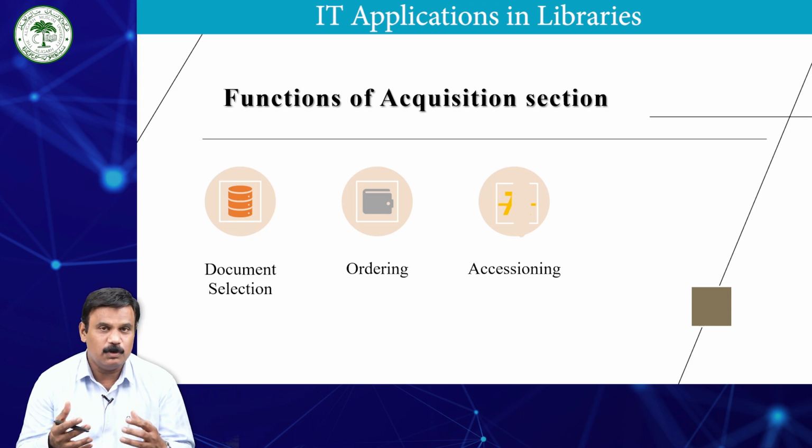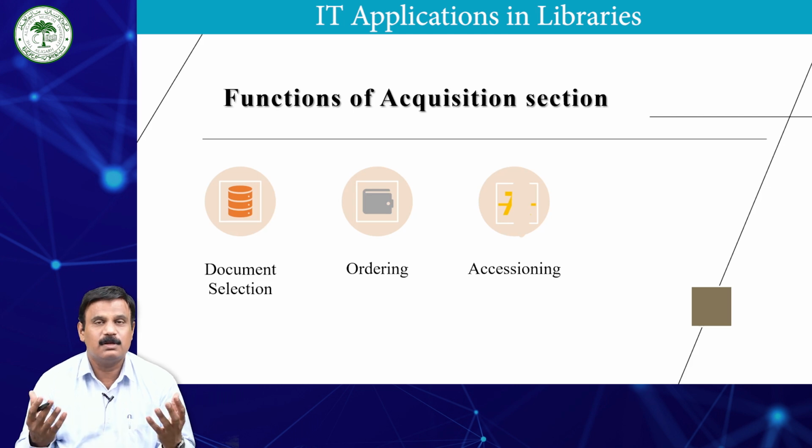So first of all, if you want to purchase a document, you have to procure a document. The first requirement is you have to select the document. So document selection is the first function of the acquisition section or acquisition module. Many libraries ask for requests from the users.